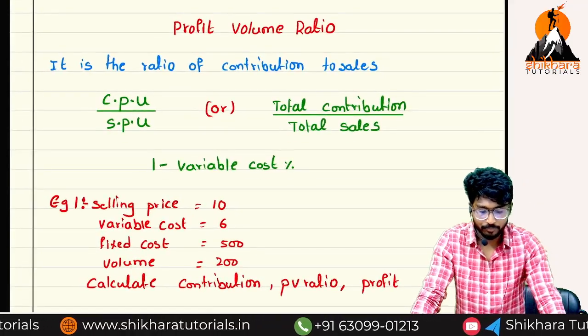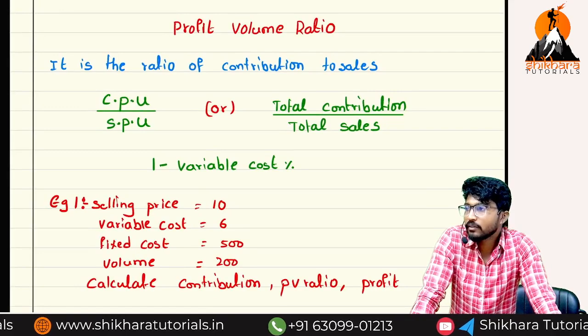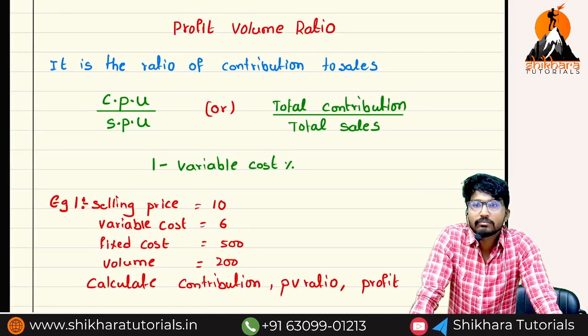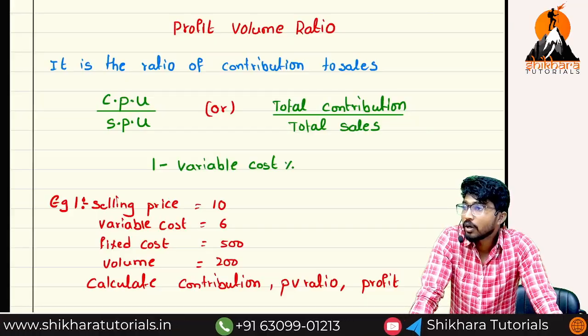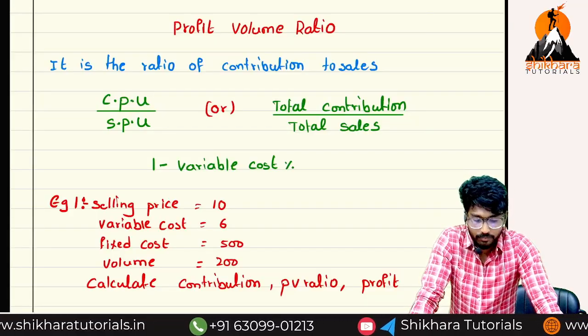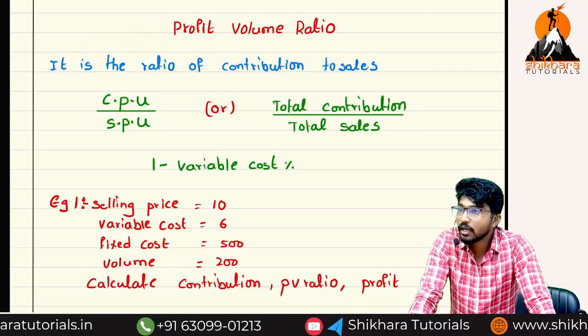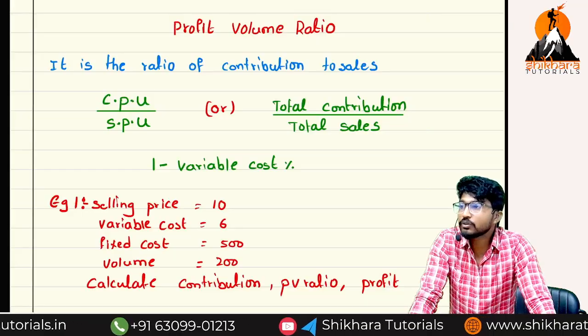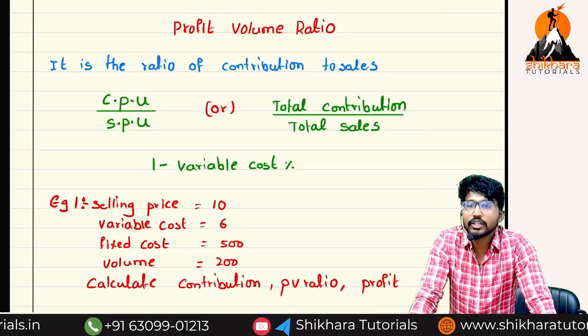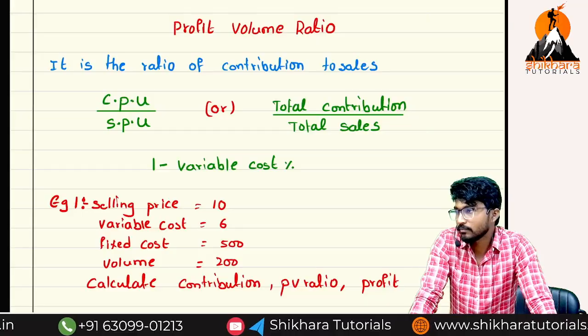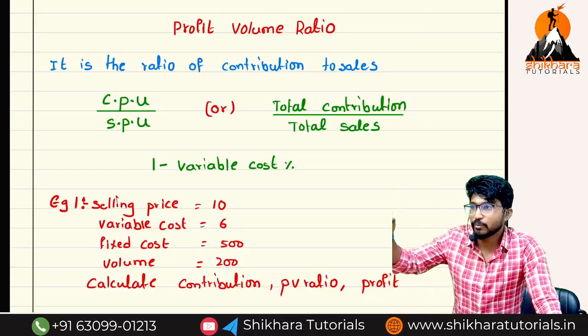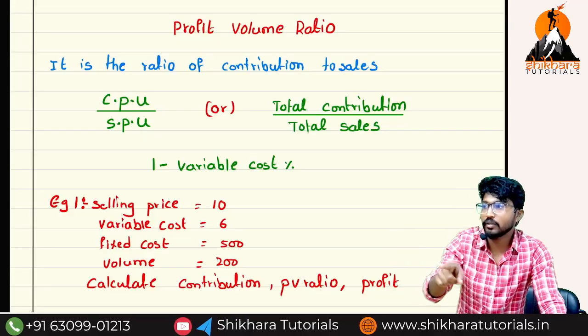Next, profit volume ratio, nothing but PV ratio. It is the ratio of contribution to sales. What is the contribution ratio in total sales? So contribution divided by sales into 100, you will get the PV ratio.